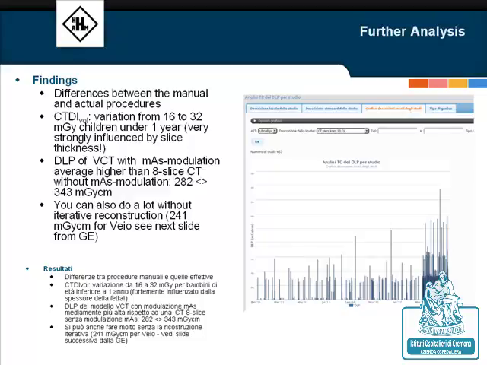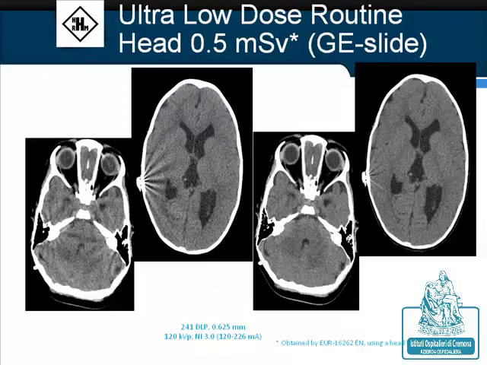So if you find here optimized something like 300 mGy·cm, and this is from Veo, GE, the newest, it says 240. Of course, the quality is better.